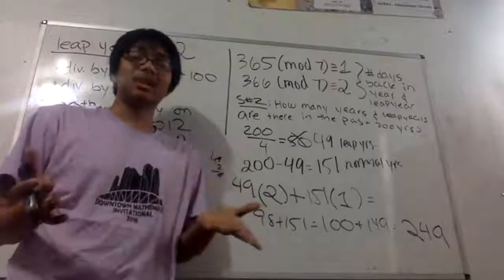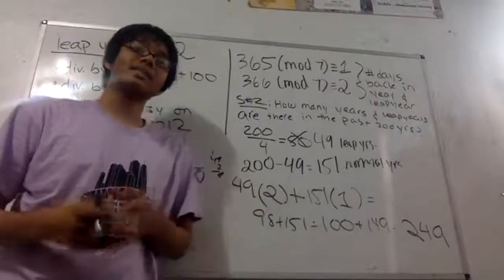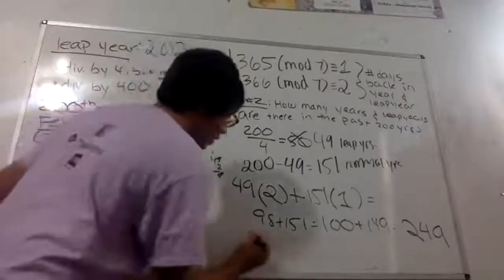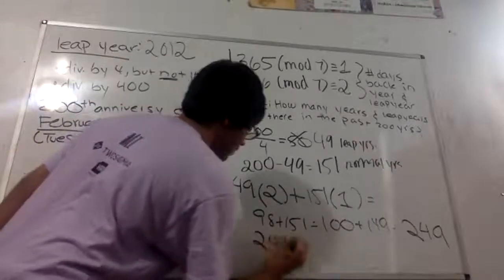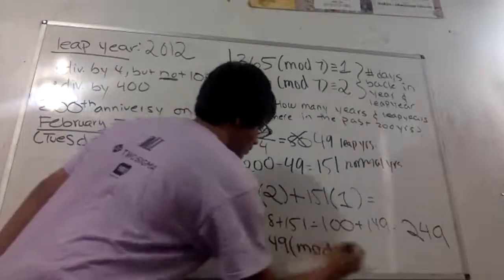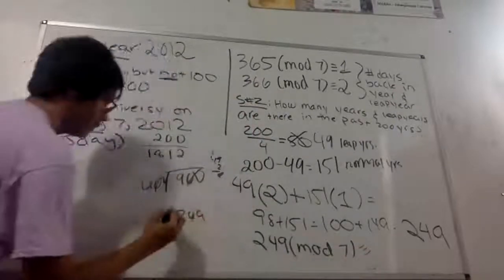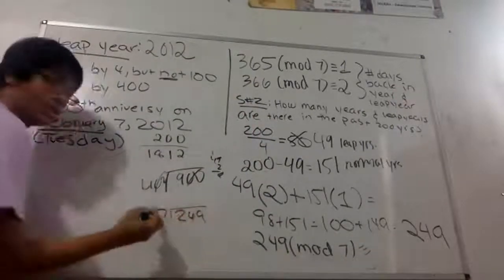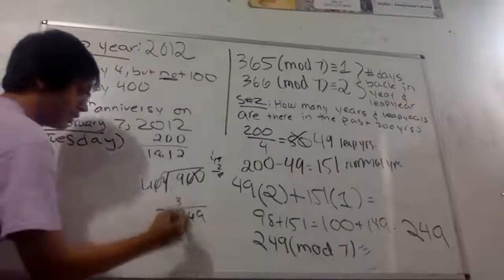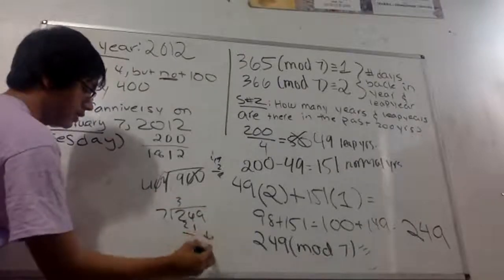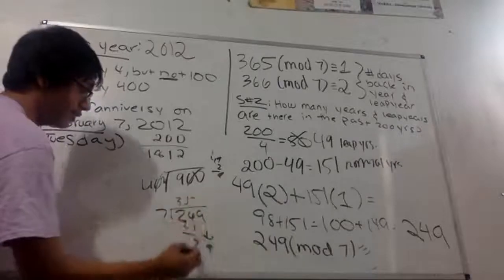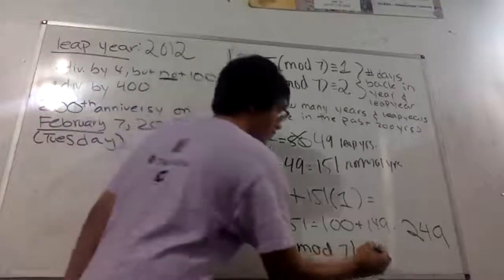Now, that's a lot of days, and you don't want to do all that counting. So we simply take 249 mod 7. Well, let's find out. 249 divided by 7: 7 times 5 is 35, so that gives us a remainder of 4.